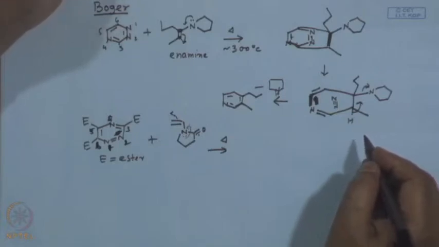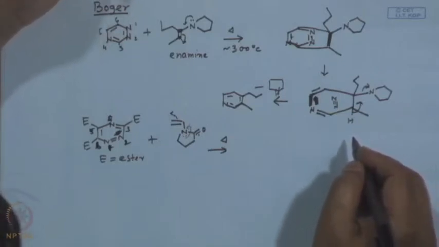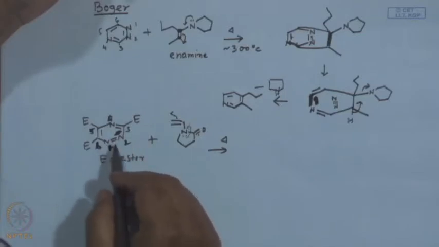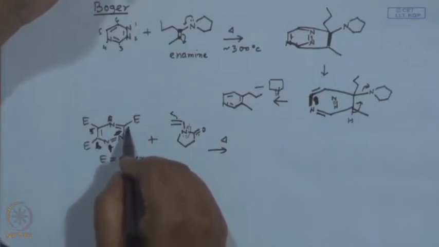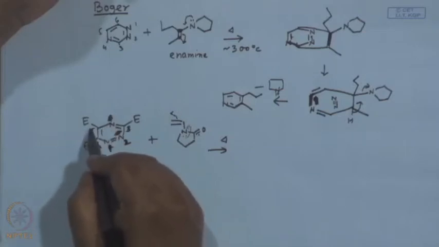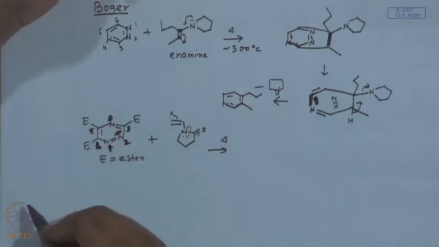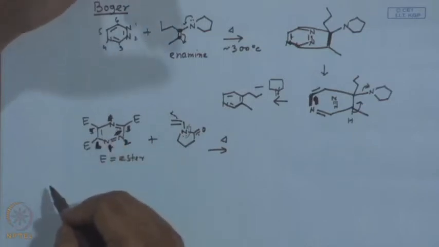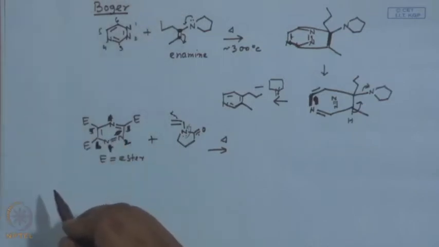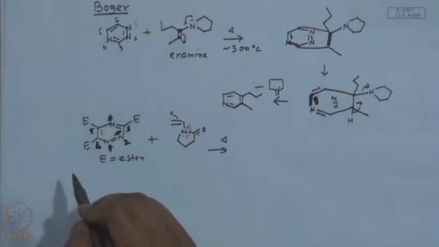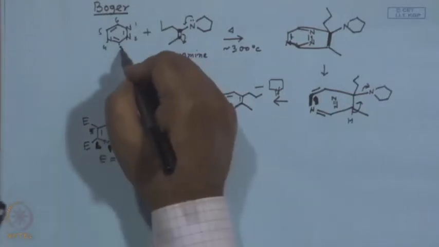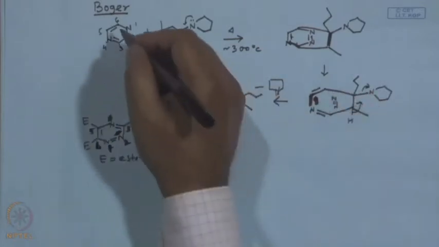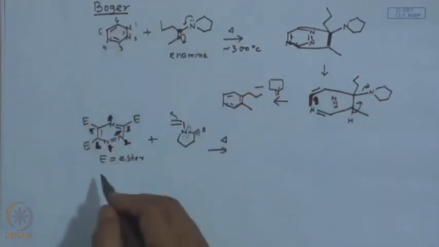Which one? We are saying 1, 2, 3, 4, 5, and 6. So, you have to identify the diene component. In the previous case, you had identified 3 as the most electron deficient carbon, right? And the diene was 3, 4, 5, 6.